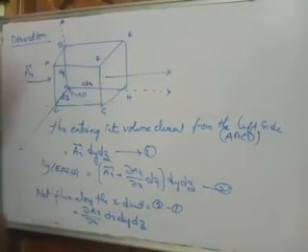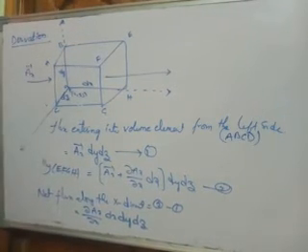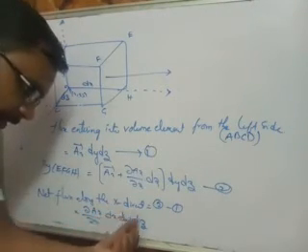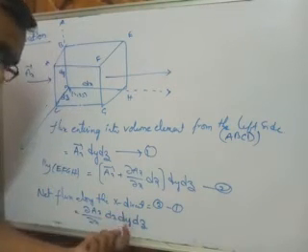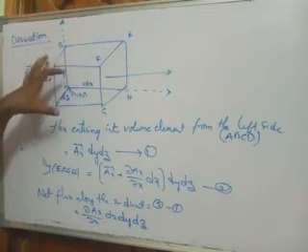So net flux along the x direction in the infinitesimal volume is dou Ax by dou x into dx dy dz. What is dx dy dz? Volume of the small, infinitesimal element.